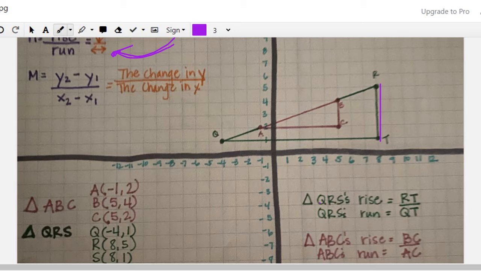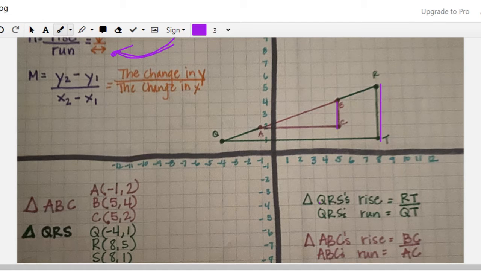Now, triangle ABC's rise is BC, which is right here, right? Let me make that a little better. I apologize. This is triangle ABC's rise. So we have appropriately named it RT over here, and for this one it is BC.